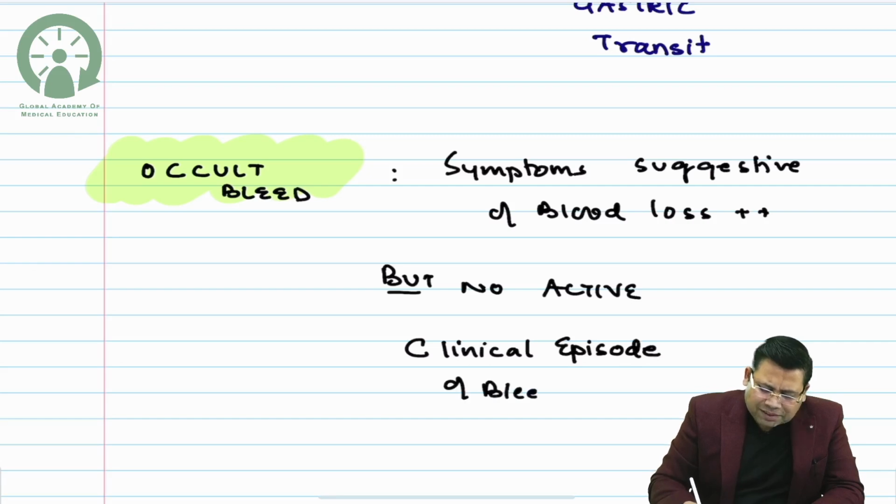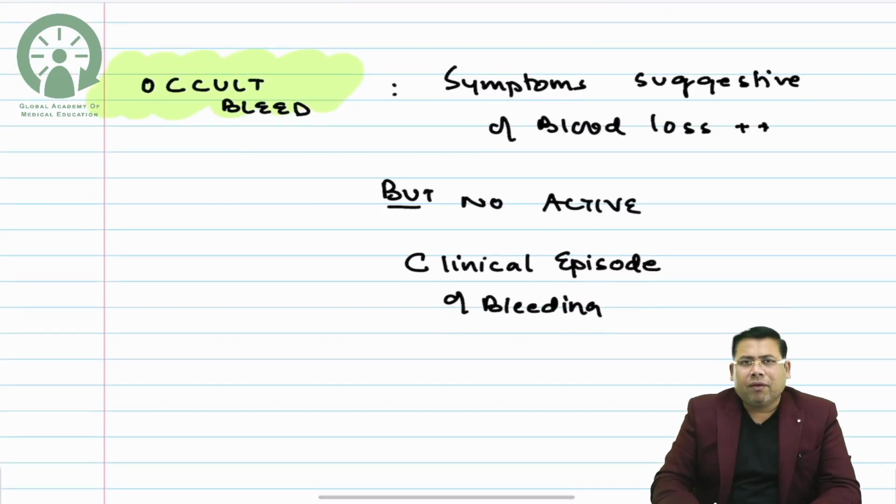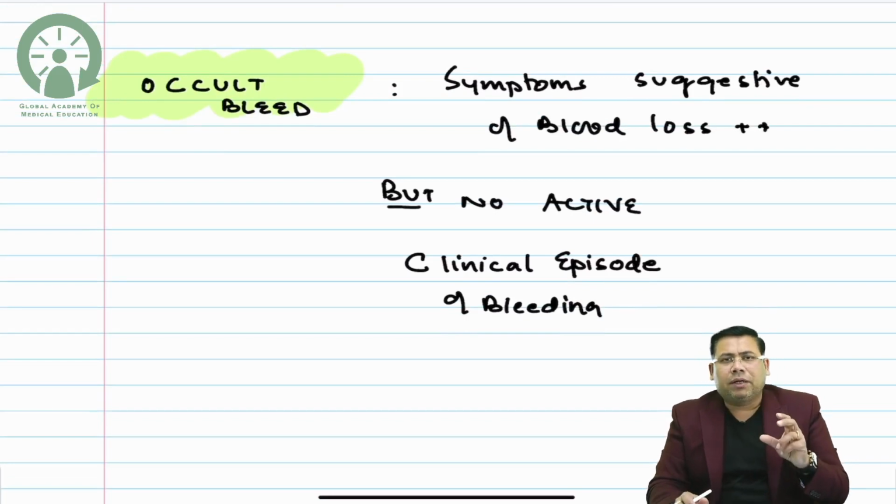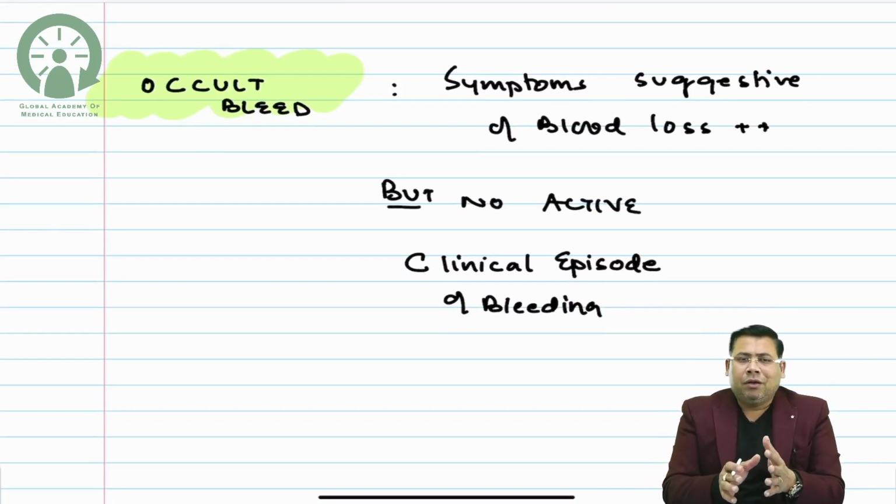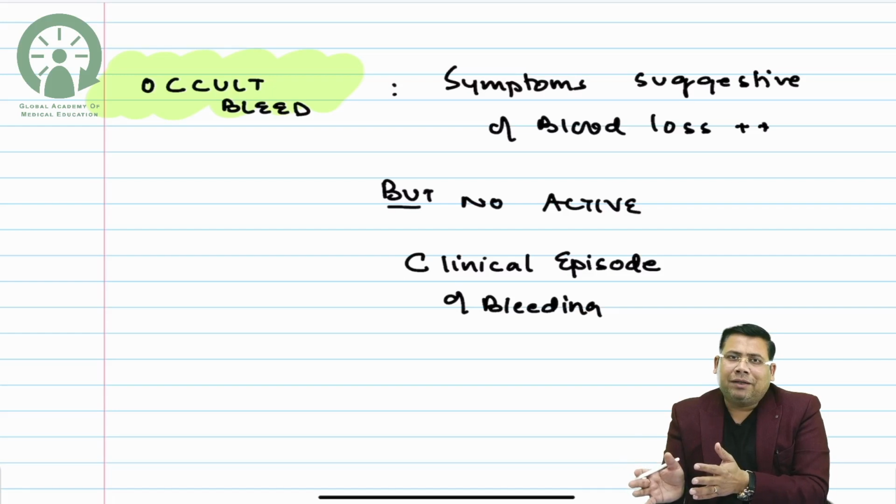Now this is a place where the bleeding has happened, but it is in such a minuscule quantity that slowly the hemoglobin actually depleted, or it could be the chronic debilitation over the time that you see with a malignancy.